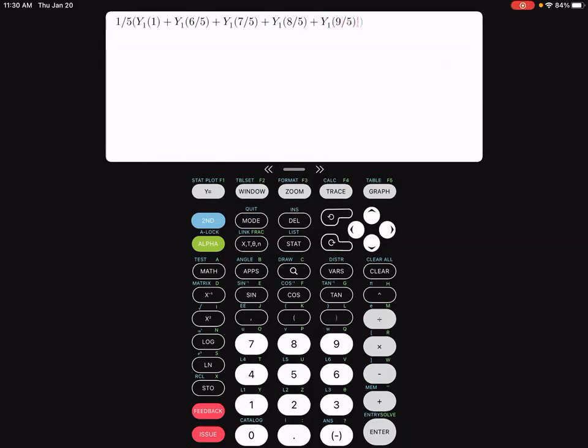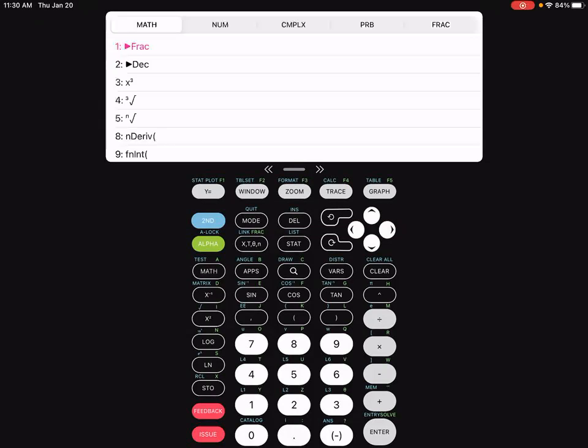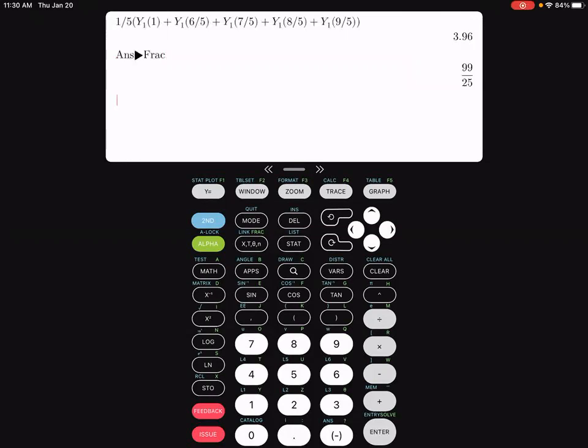You do have to open the parentheses and close it. But it's easier than putting parentheses, 6/5 parentheses squared minus 6 plus parentheses 7/5 parentheses squared minus 6 plus.